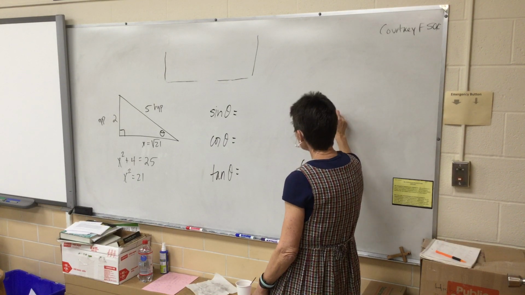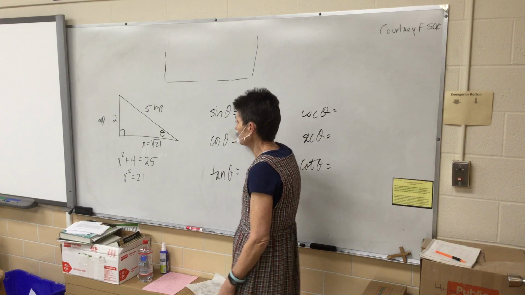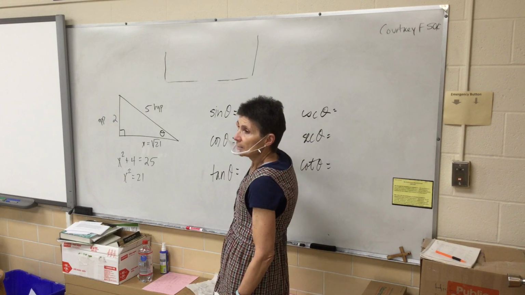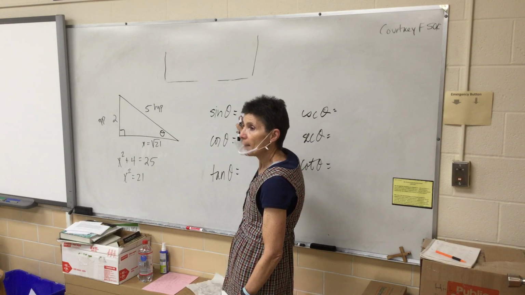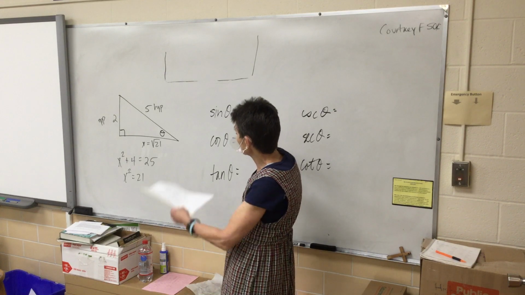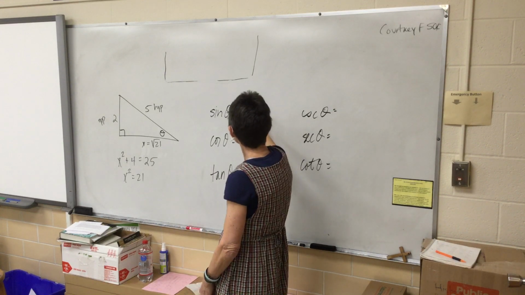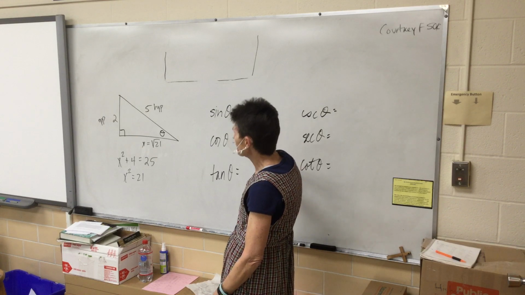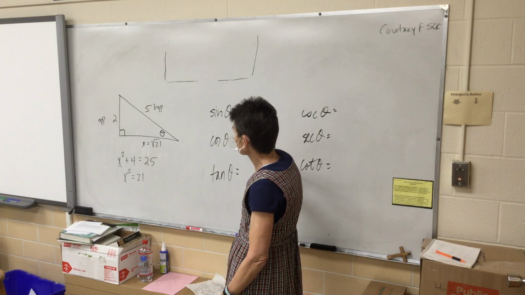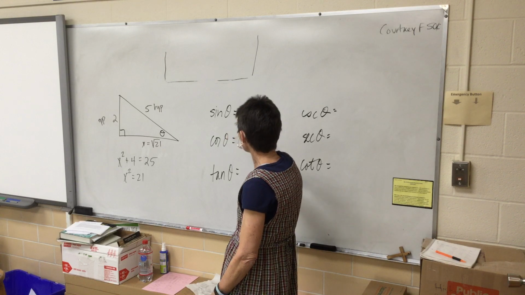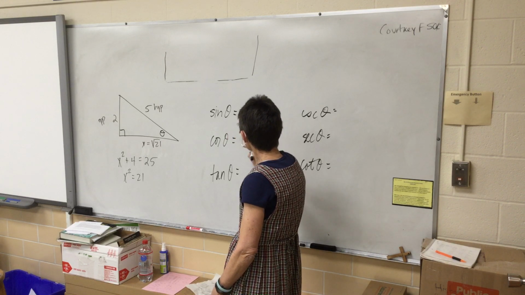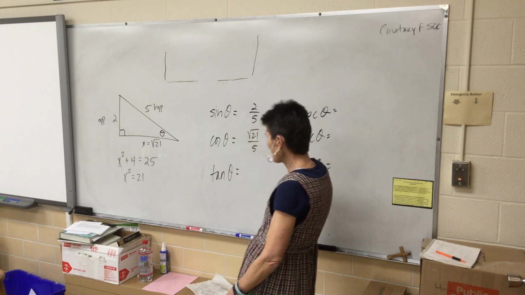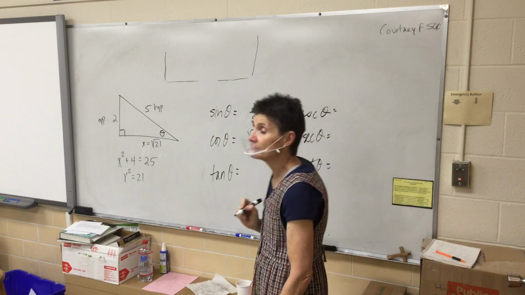All right, here we go. What's the sine of theta? SOHCAHTOA, opposite over hypotenuse, so it will be 2/5. Easy. What about the cosine? Yep. Don't act bored, this is exciting. And the tangent?